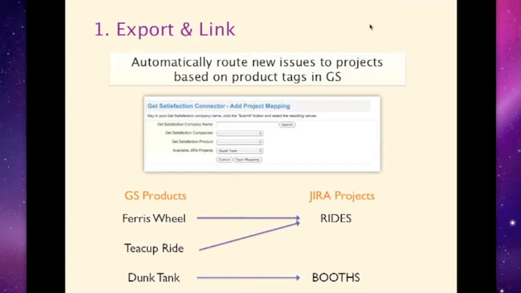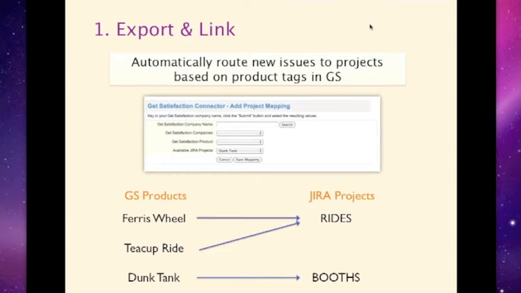Then in Jira, you're able to route different issues to appropriate project teams based on these Jira projects. So what we allow you to do with the integration is automatically route content from Get Satisfaction into the appropriate project based on which products are tagged on that topic.